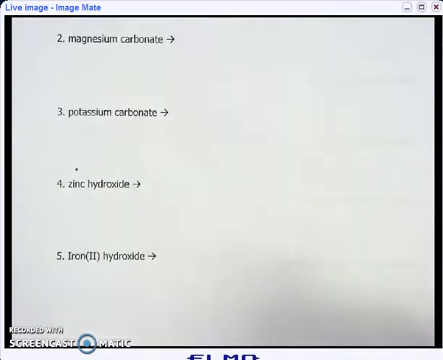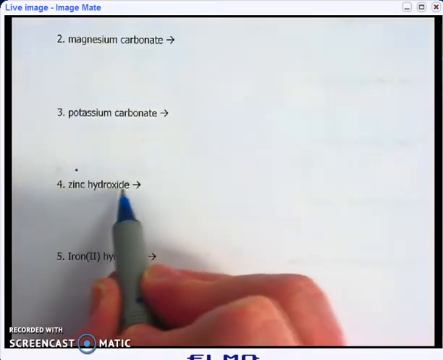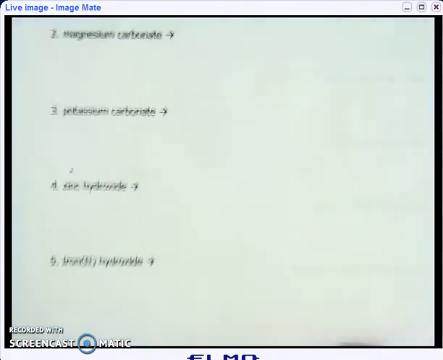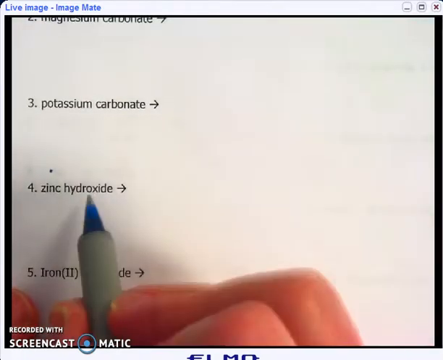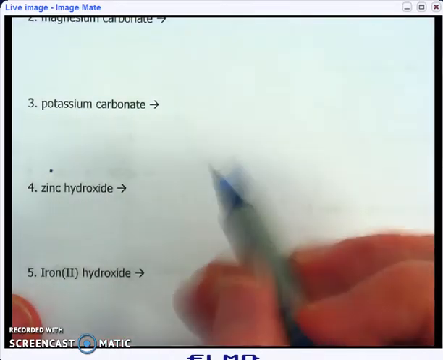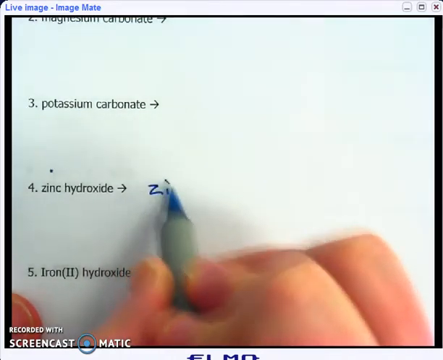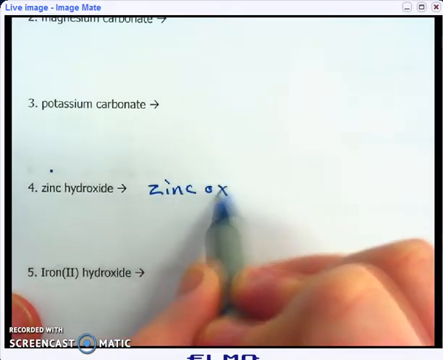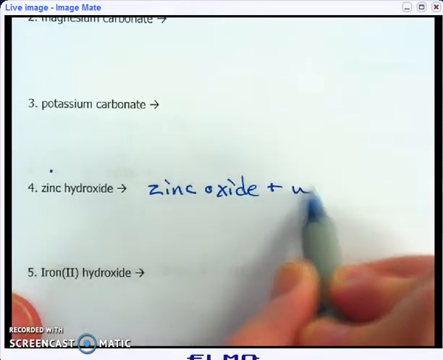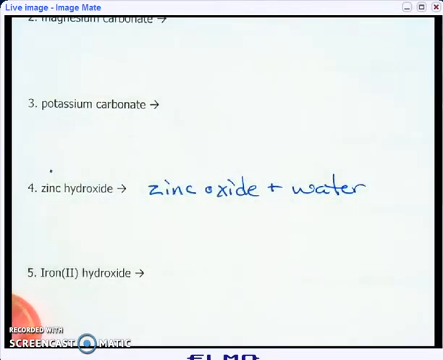Well, H2O. So my zinc hydroxide is going to form what? What formula do I have? It's going to make a metallic oxide. So what's it going to be called? Zinc oxide. But instead of it being carbon dioxide, it makes water.